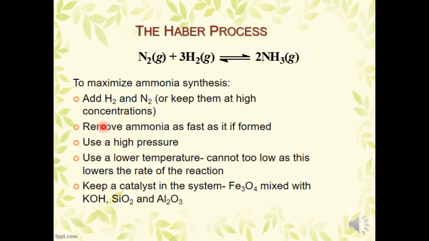Use high pressure because high pressure favors the side that has the lower number of moles, in this case 2, while this one is 4. We cannot use low temperature because it is too slow, so we increase the temperature, but increasing temperature will favor the reverse reaction.